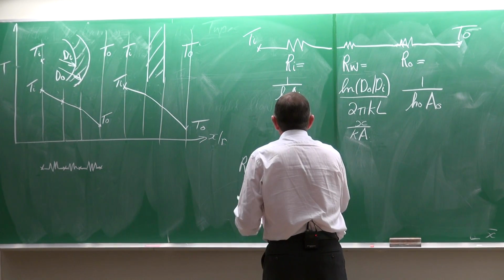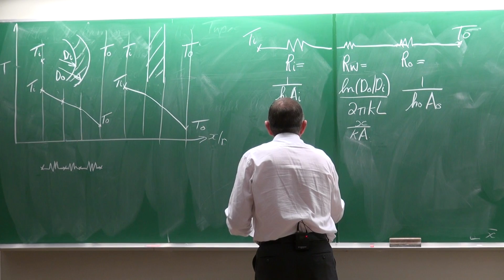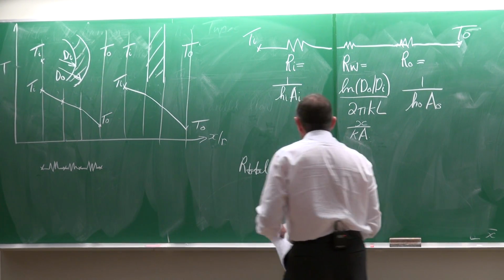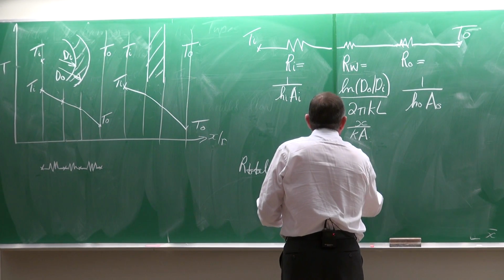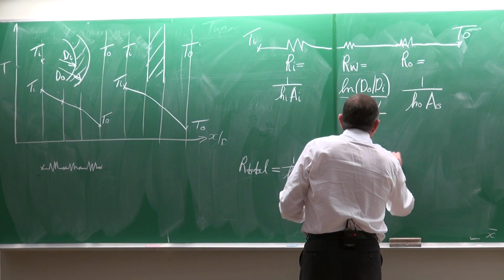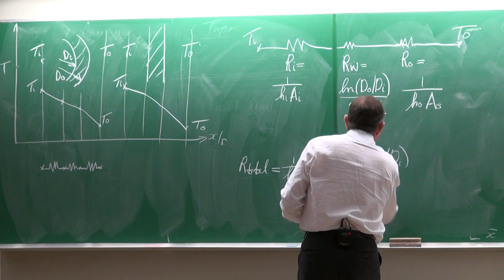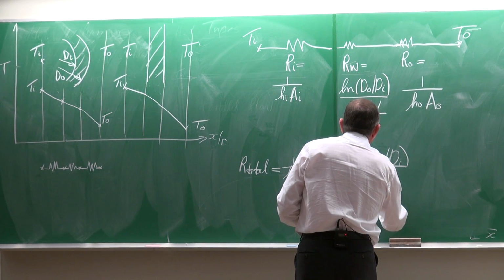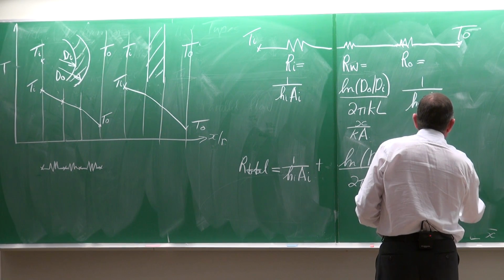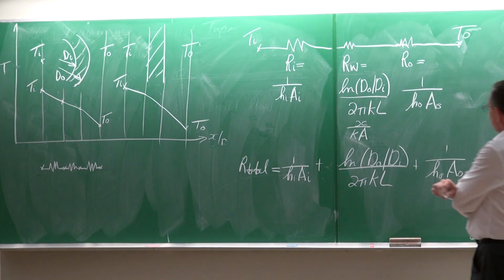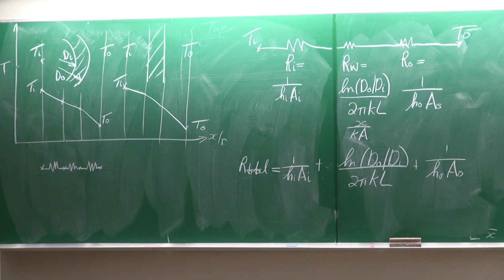So the total resistance is equal to 1 divided by the heat transfer coefficient on the inside multiplied by the area on the inside, plus the ln of the diameter ratio divided by 2 pi kL, plus the resistance on the outside, which is equal to 1 divided by the heat transfer coefficient multiplied by the area on the outside.